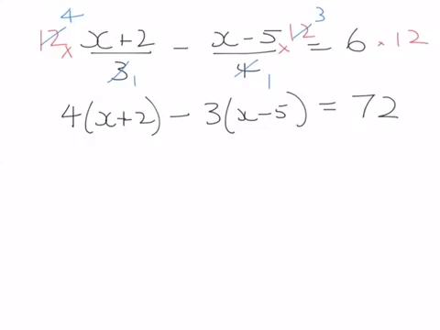Expanding the brackets, 4 times x, 4 times 2, 3 times x, minus 3 times x, then minus 3 times minus 5 is plus 15.